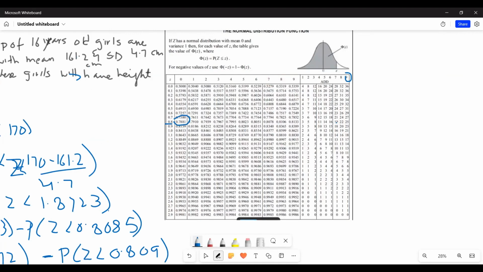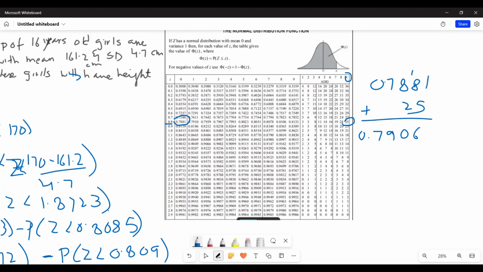On this row, we get 25, so add 25 to the probability 0.7881, which gives 0.7906.